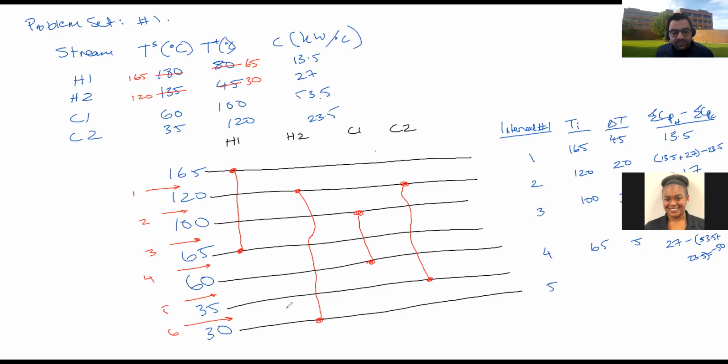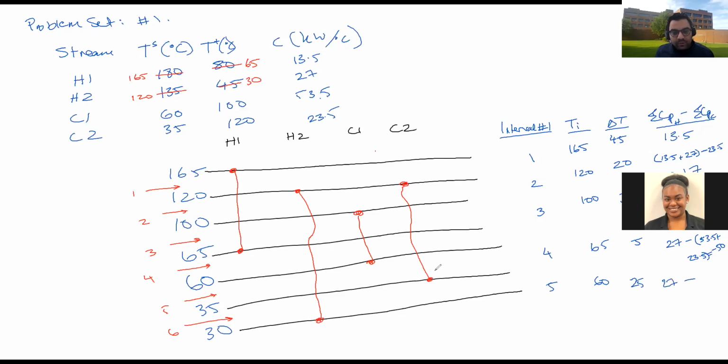Interval number 5. So it's this guy right here. The initial temperature is 60. The height, or the delta T of this interval, 60 minus 35 is 25, right? And then summation of Cp hot minus summation of Cp cold. I have one hot stream, which is H2. It's 27.